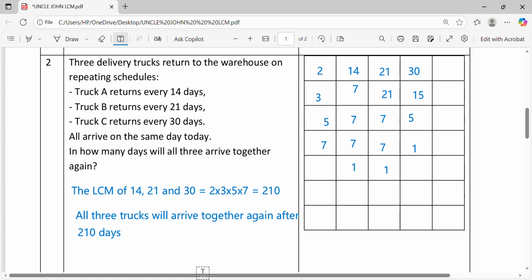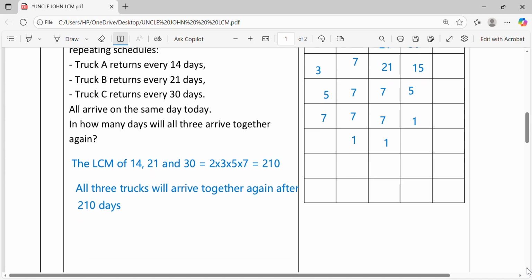You first find the LCM. After you have done your LCM, you come down here. This one says, in how many days will all three arrive together again? So they will all arrive together again after 210 days. That's when they will return to the warehouse together again.